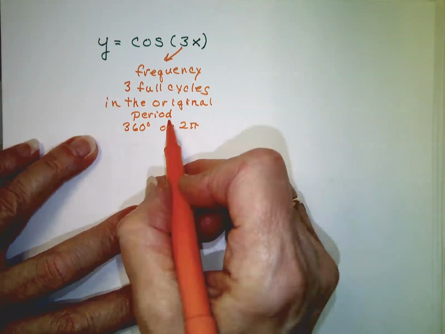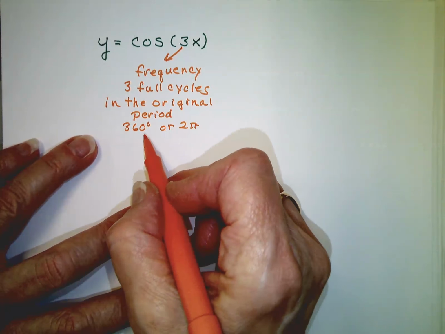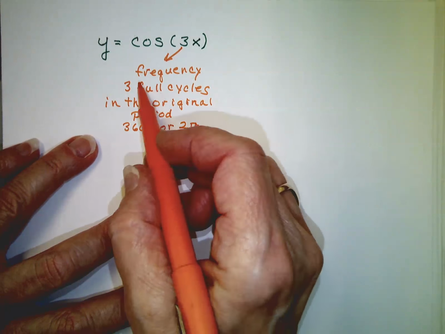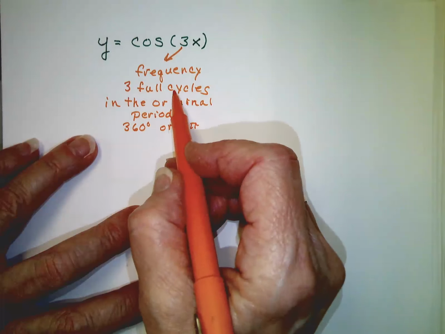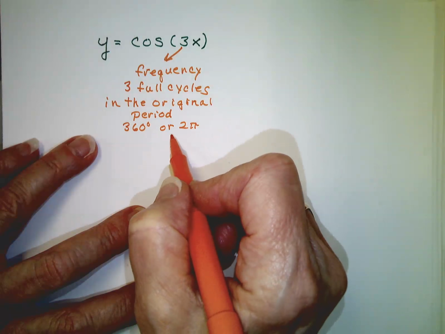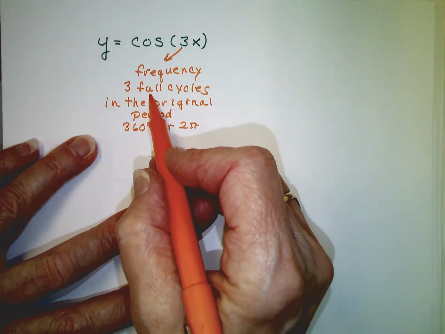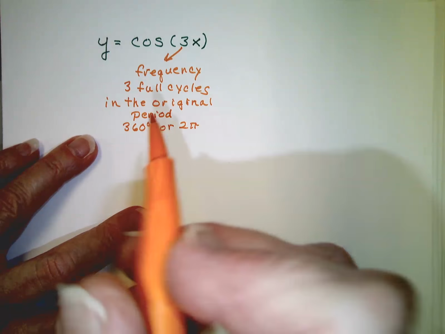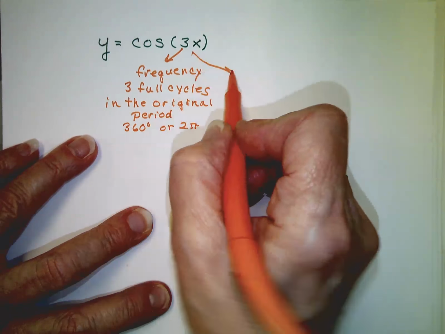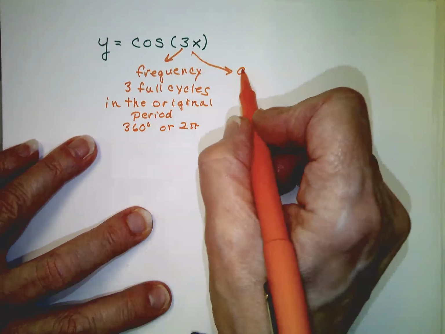So instead of getting 1 cycle, taking 360 degrees, we're going to get 3 full cycles in that same amount of time. The wave is moving 3 times as fast. Another interpretation of it is how it affects the period.